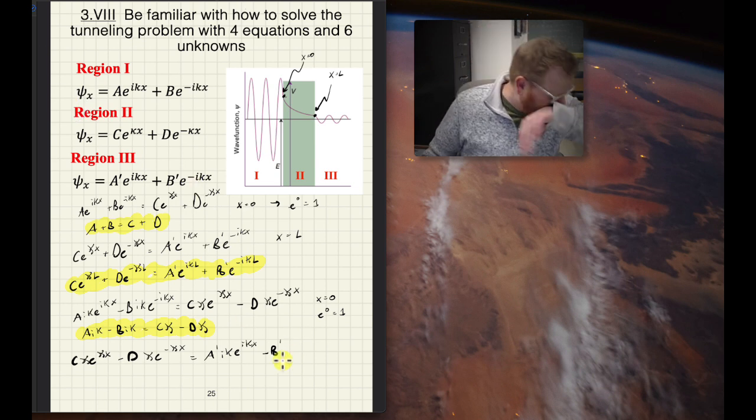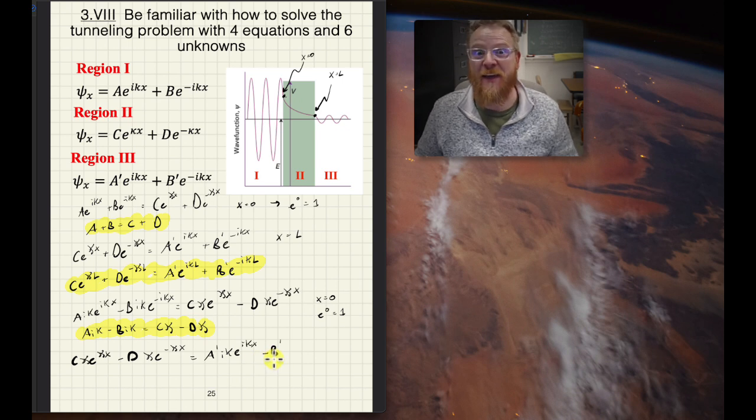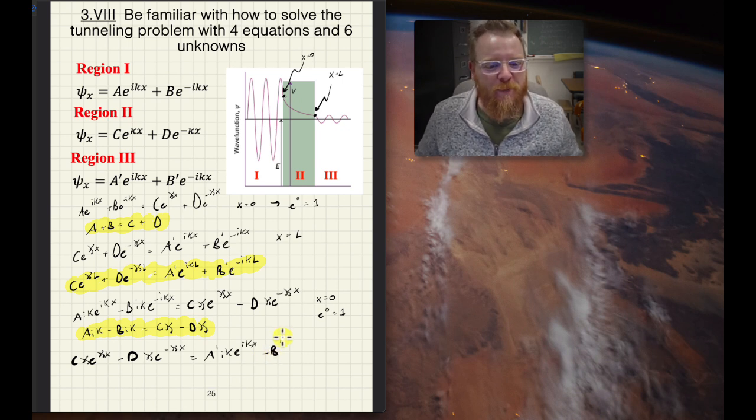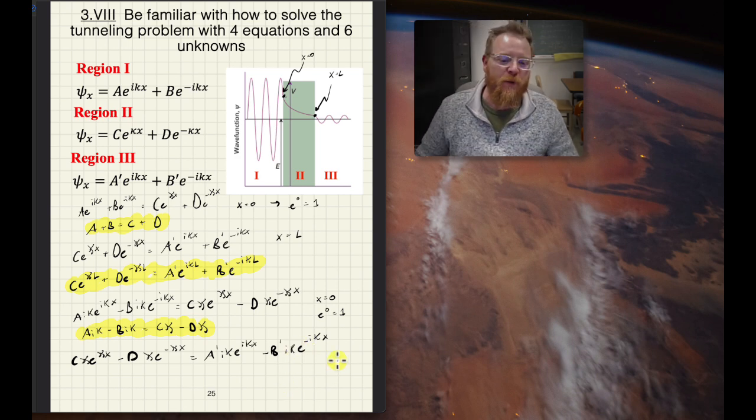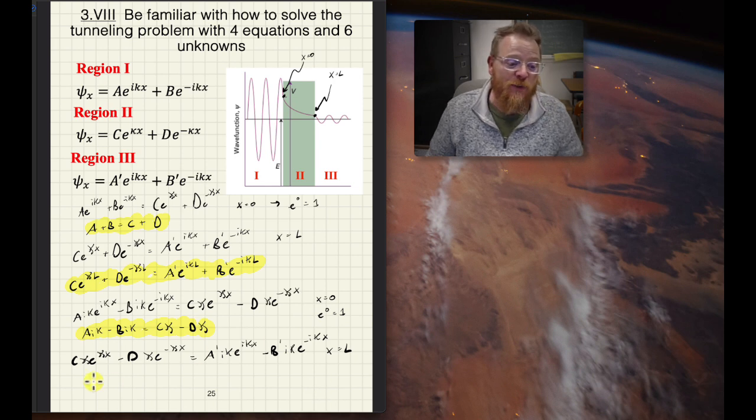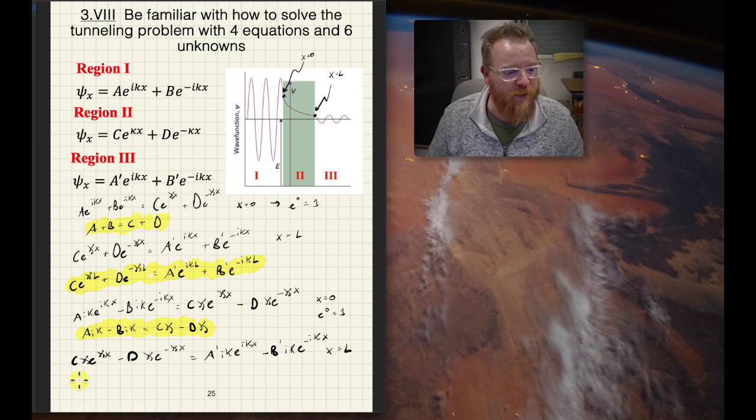Okay, negative B prime i k e^(negative ikx). Just checking that I didn't lose my place. Okay, beautiful. And then we've got to plug in x equals L into that, so we can't simplify that, but let's just write it down for completion.